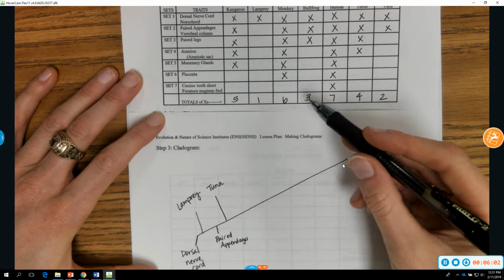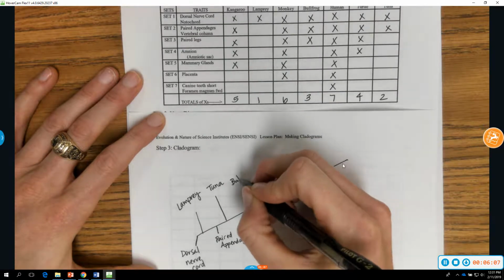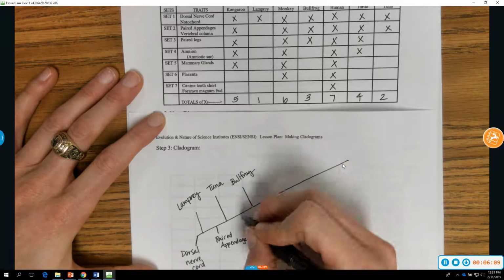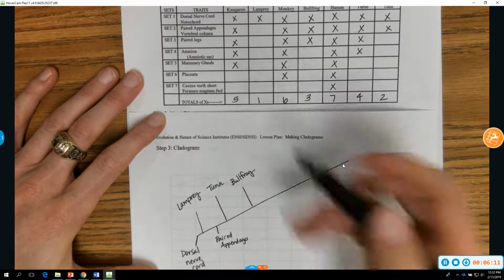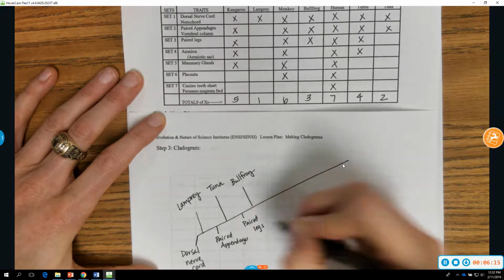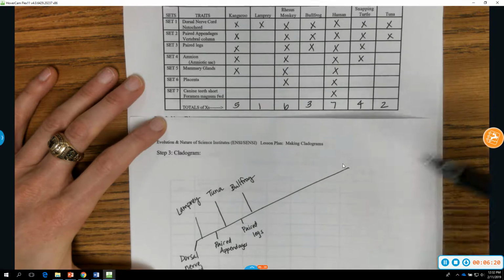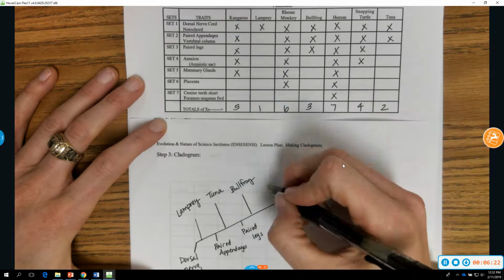So the third one is going to be a bullfrog. The trait that it adds is the paired legs. The next one that has 4 traits is going to be the turtle, the snapping turtle.